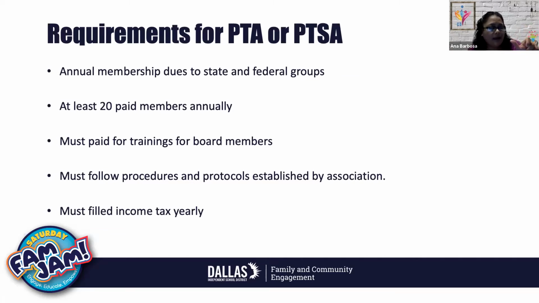You do get the opportunity to create your local bylaws, but you have to abide by the association's bylaws. And also, one of the requirements is you must file your income tax yearly. That is for PTA or PTSA.